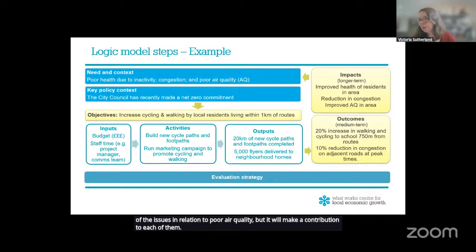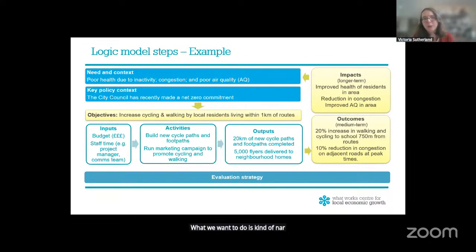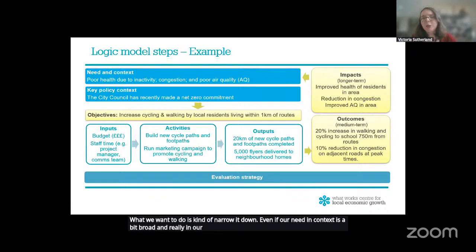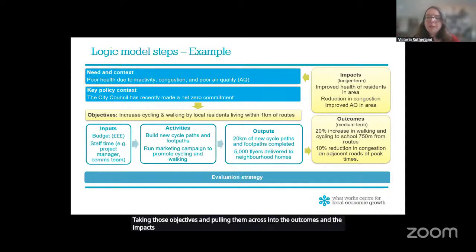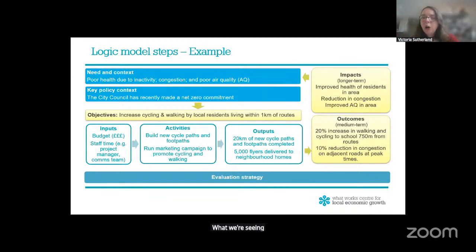So that's what I mean when I'm saying what we want to do is narrow it down, okay? Even if our need and context is a bit broad and woolly, in our objectives, we should narrow it down. So taking those objectives and pulling them across into the outcomes and the impacts, the long-term impact is improved health, reduction in congestion, improved air quality.